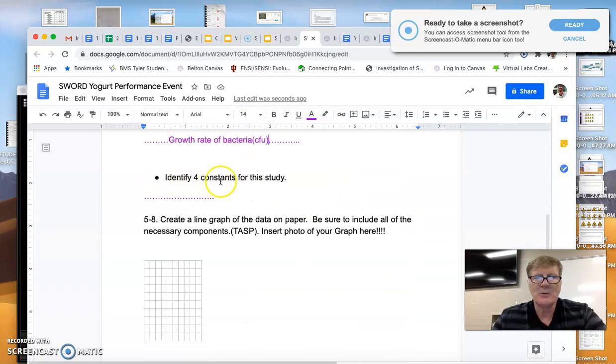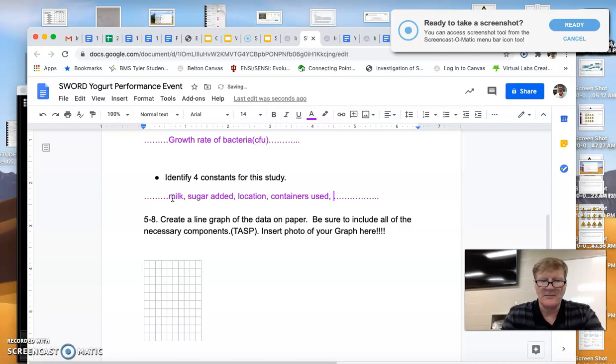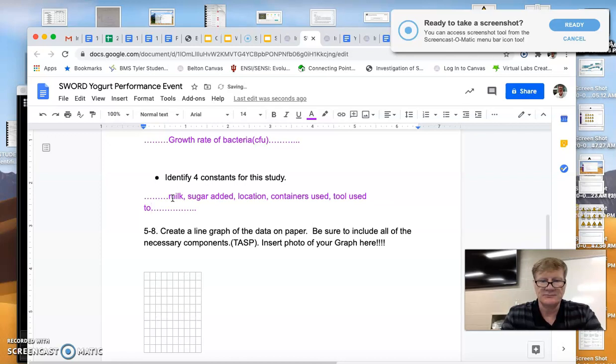The next says identify 4 constants for this study. And so basically anything but your IV or DV could be constants. So you could have the milk, sugar added, the location, containers, tool used to measure, and so on.